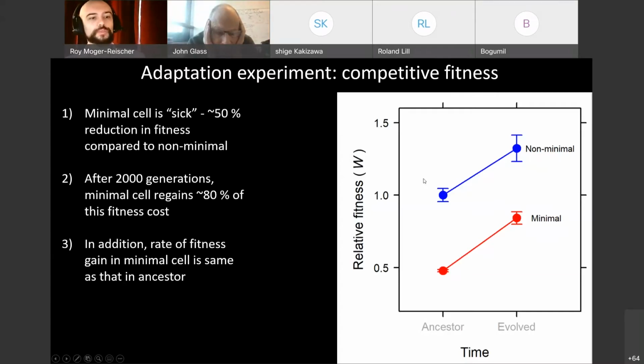So the next question we asked is, all right, so if the minimal cell evolves at the same rate as the non-minimal, are the genetic mechanisms the same or different?